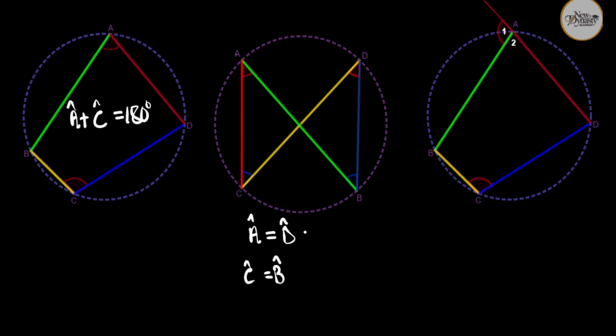So if you've got either of these, then that is going to be a cyclic quad. So the reason here is the converse of the angles in the same segment. We're still going to have videos where we're going to answer questions based on this. And I hope we're going to meet one of the questions that are asking us to prove whether the figure is a cyclic quad by using this.